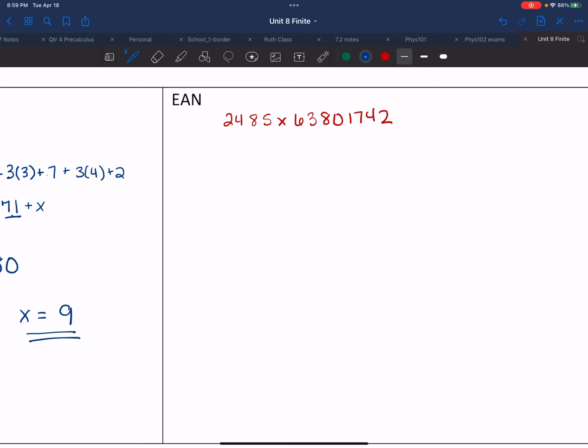And remember, 2 is my check digit there. We've got 1 2 3 4 5 6 7 8 9 10 11 12 13. This is my EAN code. So I don't know this, this is my mystery.